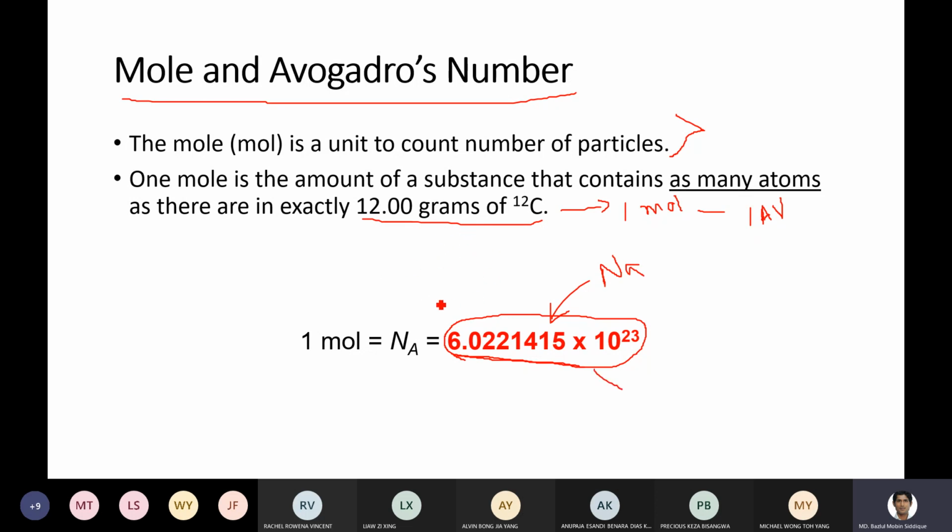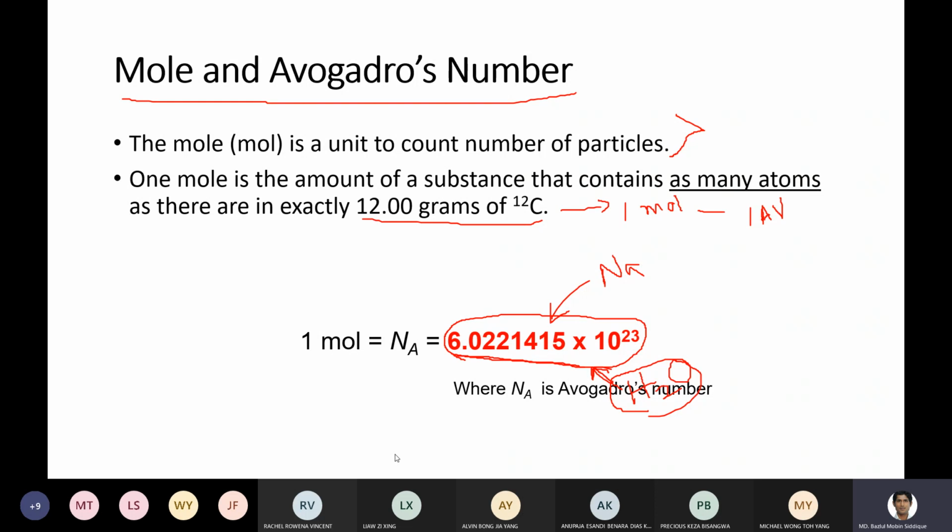If we take 1 mole of water, there will be Avogadro's number of water molecules, not only hydrogen, but hydrogen and oxygen together, water, right? So this is the Avogadro's number and the number of moles that we consider.